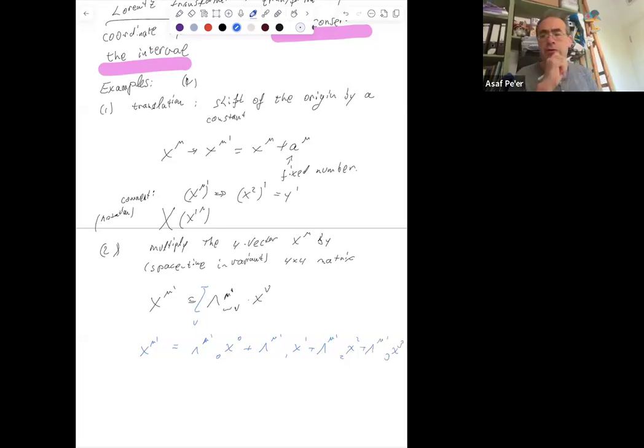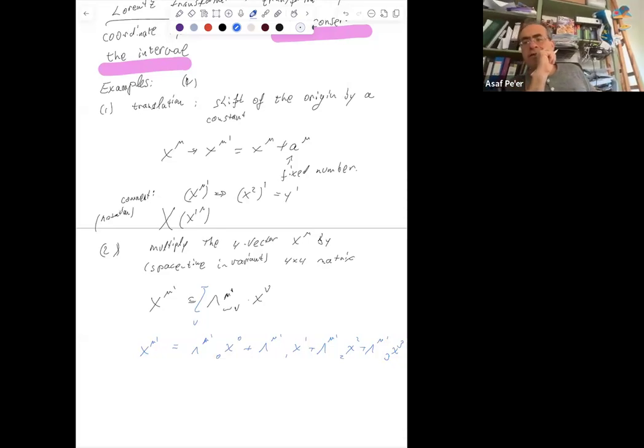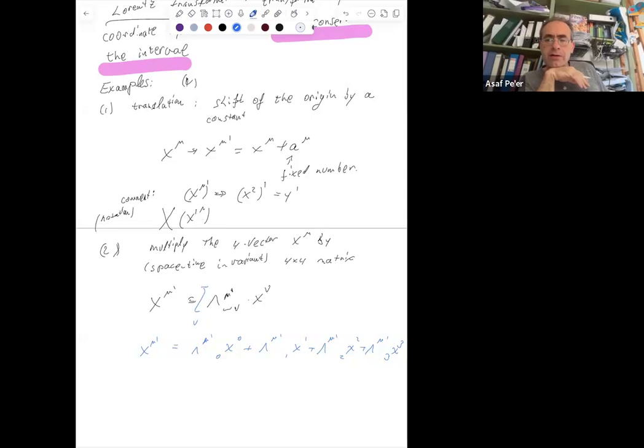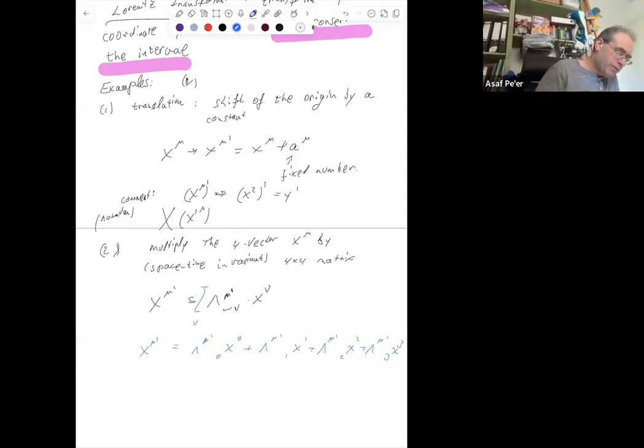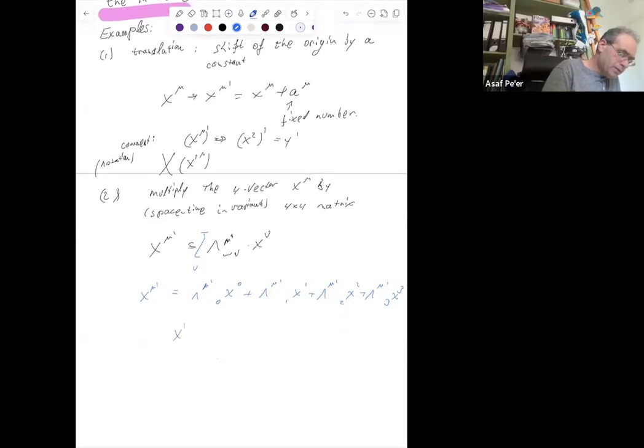This is really what's written here. It's a very compact way of writing a somewhat more lengthy equation. Of course, I can also write x prime is just equal to lambda x, but this is not common. We won't really find that.